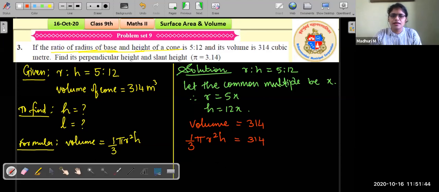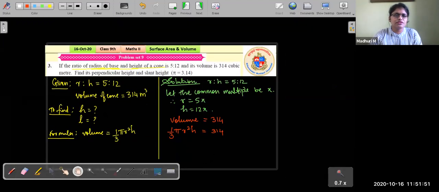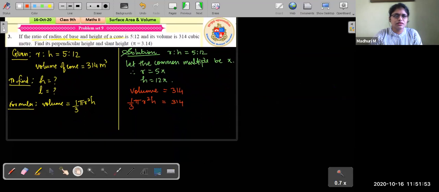Then you just need to substitute the values. We are given radius, height, and of course the value of pi is also given. So just check calculations. Pi is 3.14, we keep it as it is.